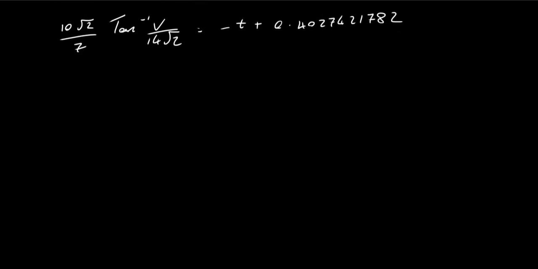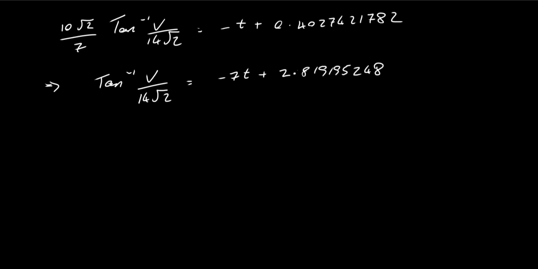Okay, so we've just got to isolate v. So what I'm going to do here first is multiply both sides by 7 and then divide by 10 root 2. So that'll leave me with tan inverse v over 14 root 2 on the left hand side, and then on the right hand side you should end up with minus 7t plus 2.819195248, and we need to divide then by 10 root 2.